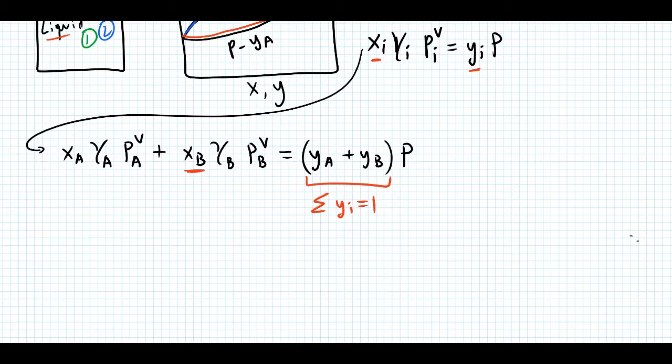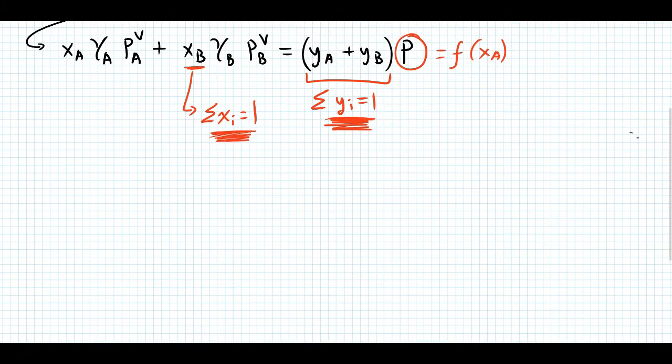Likewise, we can do the same thing with the liquid mole fractions, because the sum of all the liquid mole fractions is equal to 1, and we want just pressure as a function of xa. So we make the substitution using these known facts: they must add up to 1 for both the liquid phase and the vapor phase.